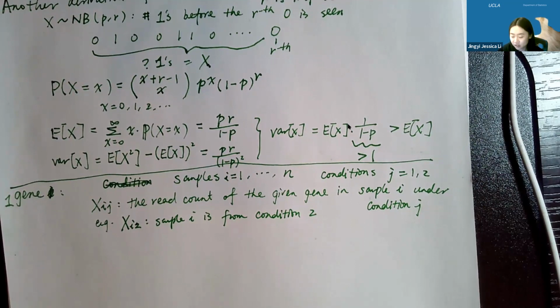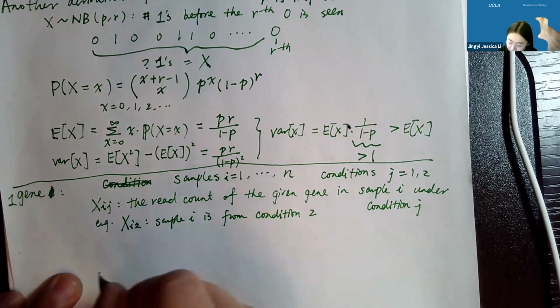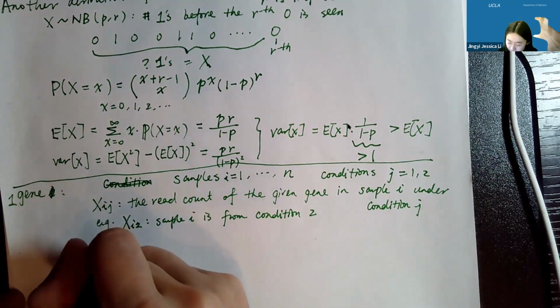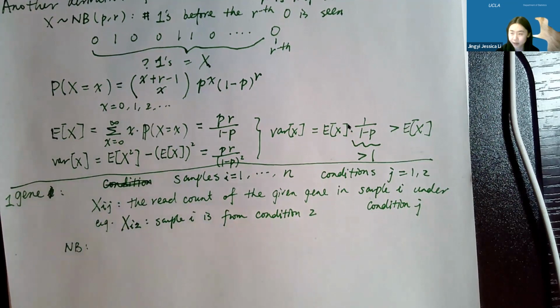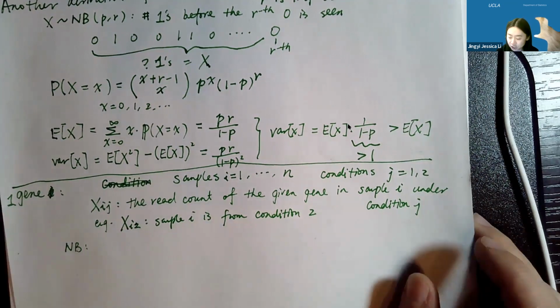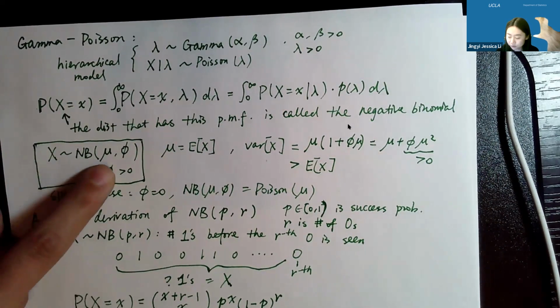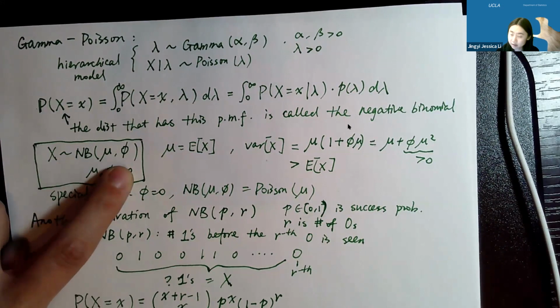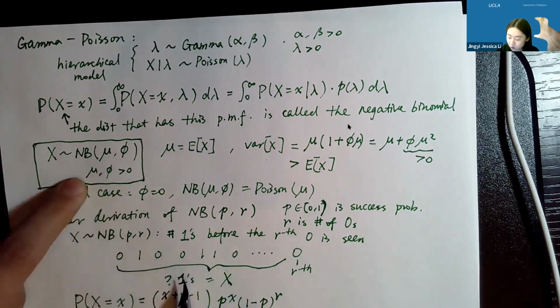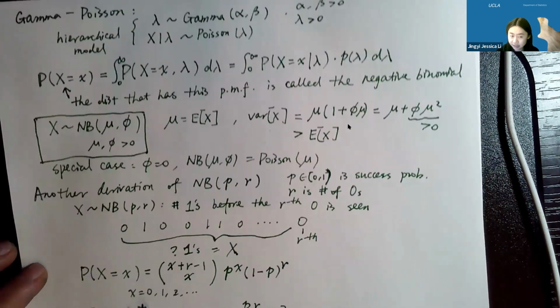So with this, if we assume negative binomial, I'm looking at only one gene. The negative binomial model, in statistics, we call this a parametric model. Parametric, the adjective, means that this distribution is specified by parameters, and we know its closed form probability density function.